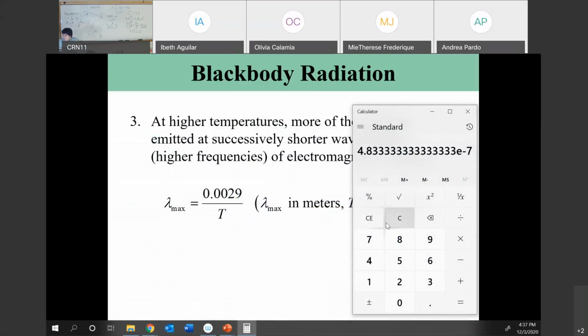Right? If you have a star like Vega, it's around 10,000. Let's see what we get. 0.0029 divided by, oh yeah, of course. And then times 10 to the 9, so that's 2,900 nanometers.